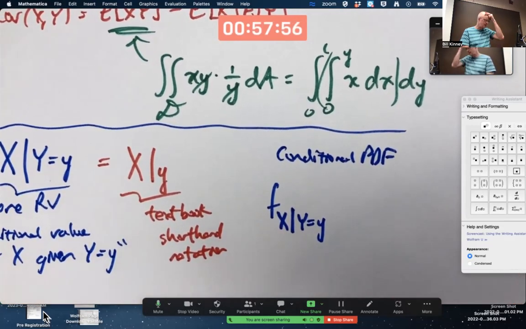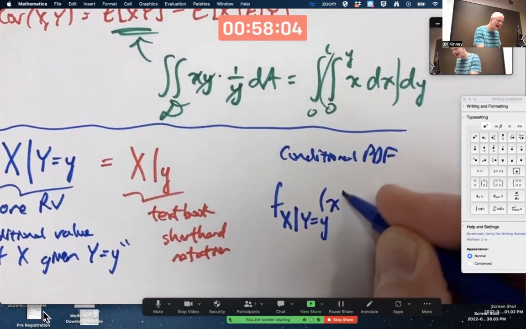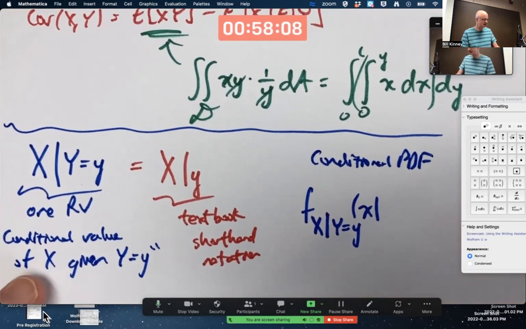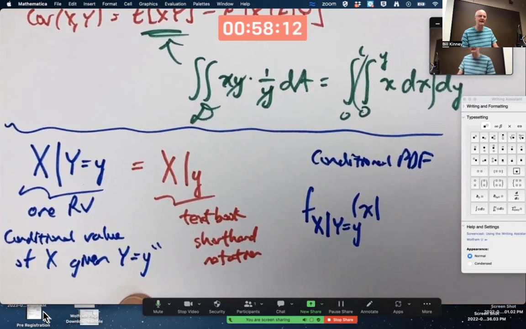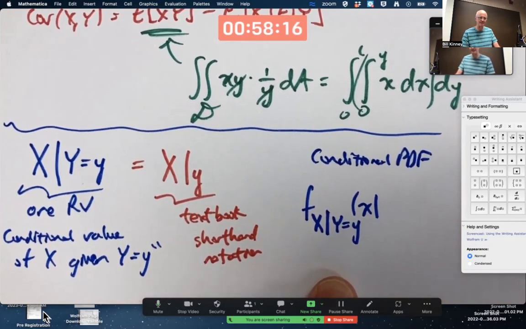What is its variable? Is it X? Is it Y? Is it both? It's X because I'm trying to model a value of X. This is a conditional value of X given that you happen to know Y takes on a value little y. So its PDF should be a function of little x.